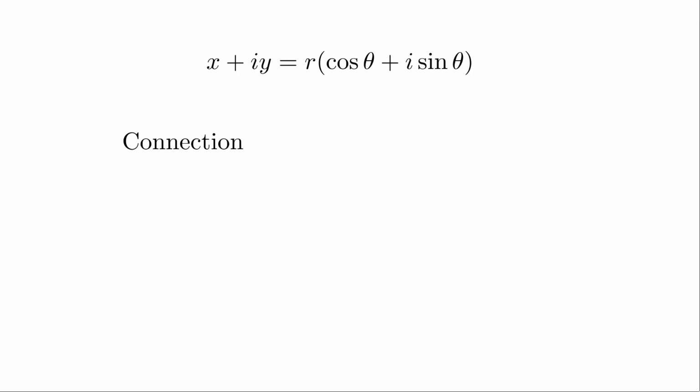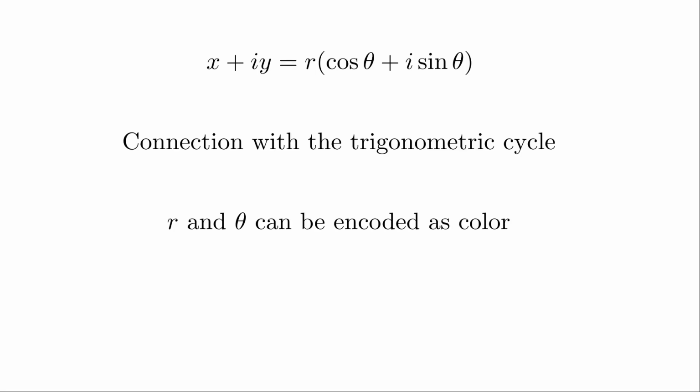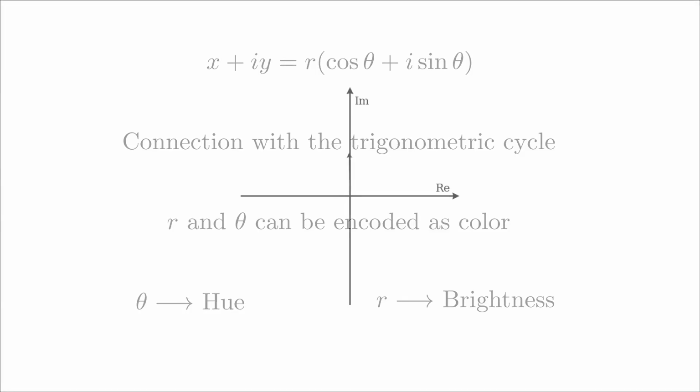To understand how this is done, we must recall that all complex numbers can be written in a polar form, where instead of the real and imaginary parts, the number is described by its absolute value and its angle theta. What domain coloring does is encode the angle as the hue and the absolute value as the brightness. Visually, it looks something like this.